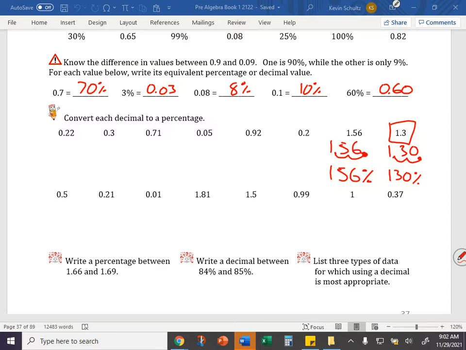Okay, Blake? I don't get the very last one. List 3 types of data for which using a decimal is most appropriate. Okay? Those of you that like to bake, do you ever look at a recipe and it says you need 0.125 cups of flour? No, it uses fractions, right? So you wouldn't really see decimals in recipes.